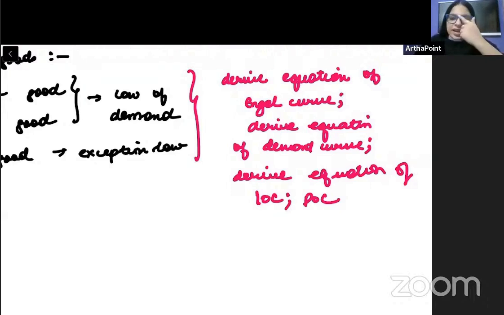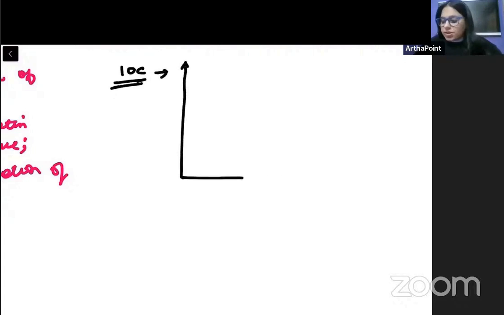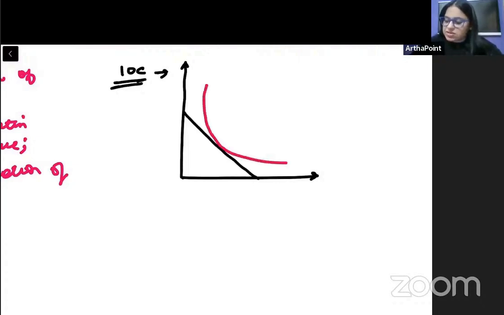So in this case, we have to be very sure that when I am talking about my income offer curve, this is showing different combinations as your income is increasing. So I have my budget line and I have my indifference curve and I have this as my equilibrium. Now, when my income increases, my equilibrium will go upwards.